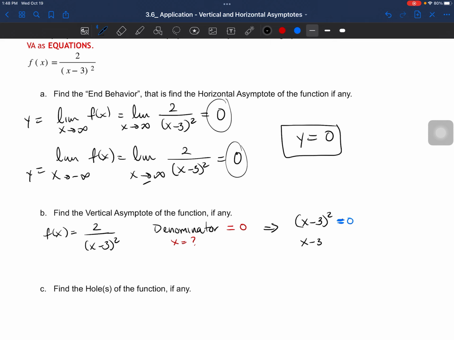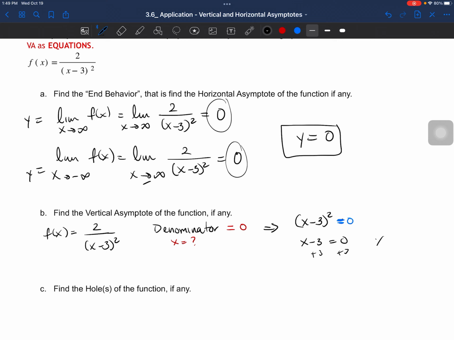We can think about that if we take the square root on both sides of the equation, or we can think about it as the only way that this whole thing will be 0 is whenever the inside of this square is 0. Because in order for us to square a number and get a 0, that number needed to be a 0.